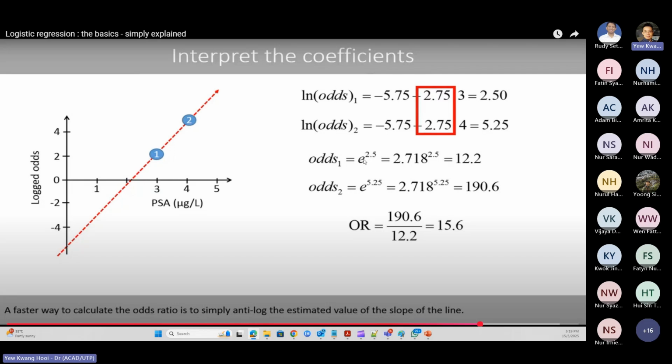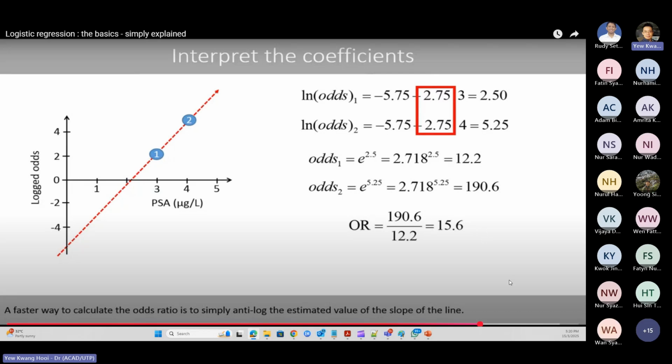Because you want to get back the odds, at first you have the log odds value, you want to get back the odds value. So you just use e raised to the power of the log odds. So you eventually get 12.2 for 0.1 and then 190.6 for 0.2.